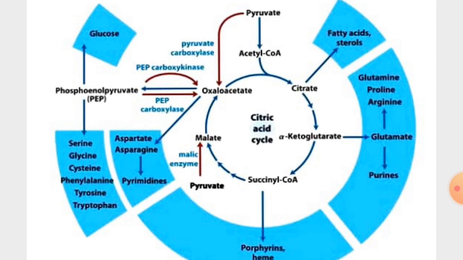If malate concentration is very low in the cycle, some of the pyruvate is converted into malate in the presence of malic enzyme. As for the other molecules like citrate, alpha ketoglutarate, and succinyl CoA, the work is going on. Right now these two molecules are restored by the different enzymes we have understood.